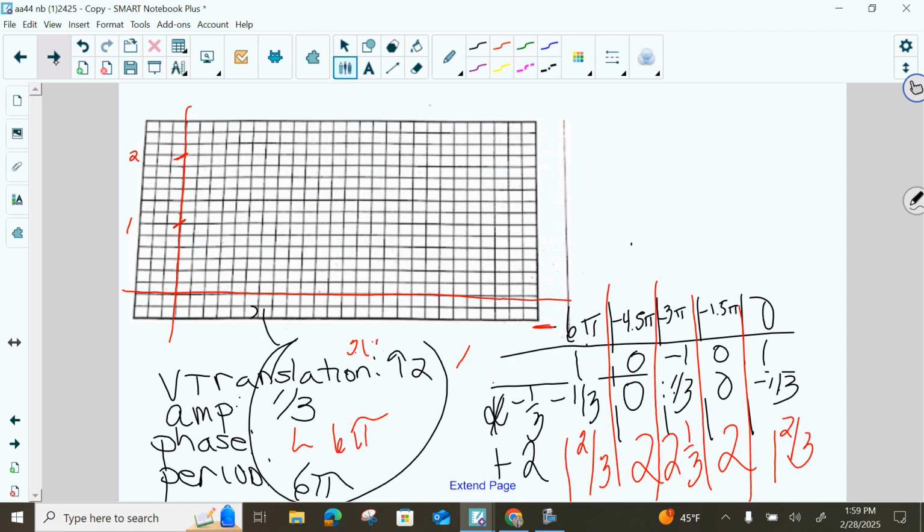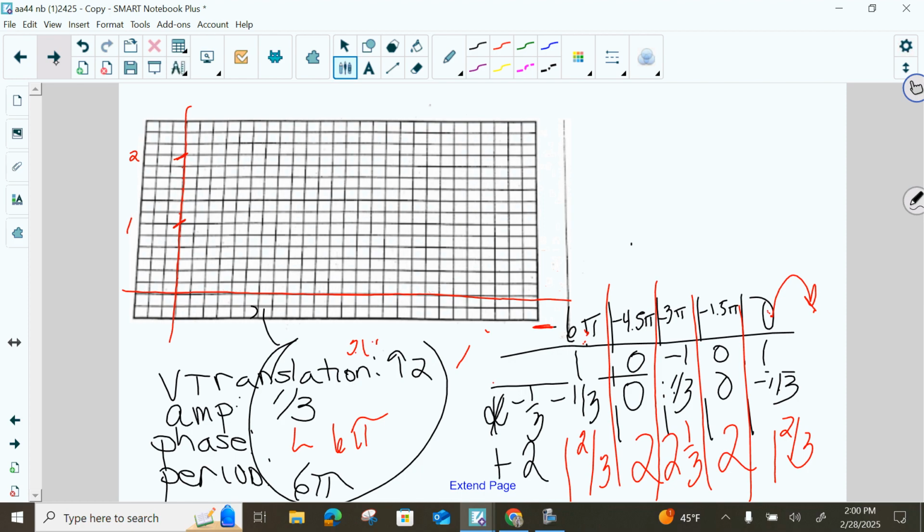But I want to have a conversation because I put it here. I started my graphing. I'm like, oh no, I don't have enough to go to the left 6 pi. No big deal, because isn't this the end of the previous one? Isn't this the start of the next one? Right? Doesn't that make sense?